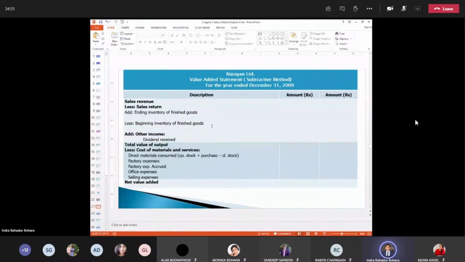3.4 is complete for stock adjustment also. 3.4 Narayan Company Limited.